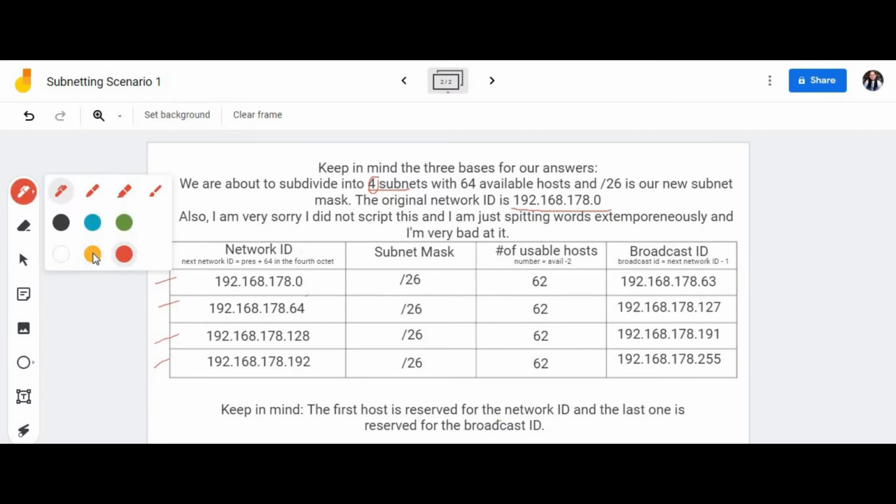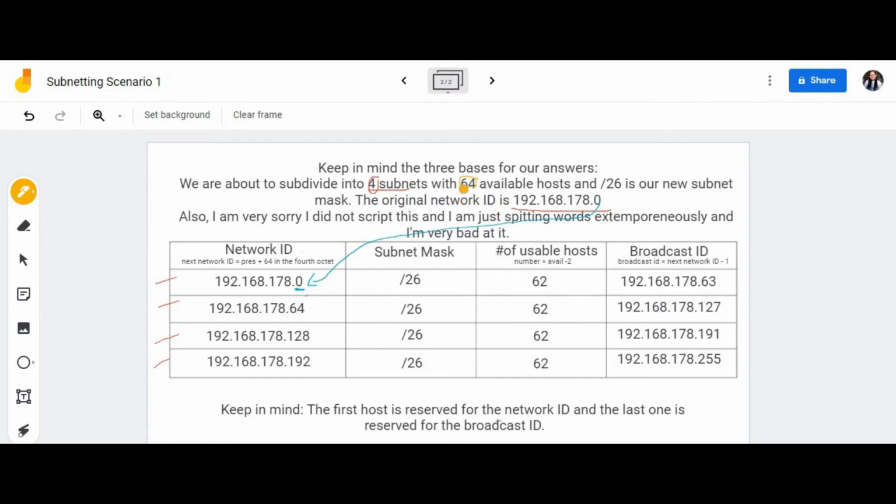So to get the first network ID, of course, we have to place 192.168.178.0 because it is still part of our subdivision and it is our basis for subnetting. To get the next network ID, we just have to keep in mind again that we are dealing here with class C. So for class C, we can only manipulate the 4th octet.